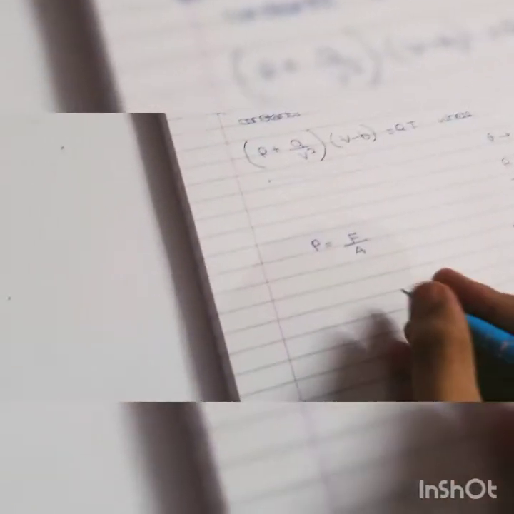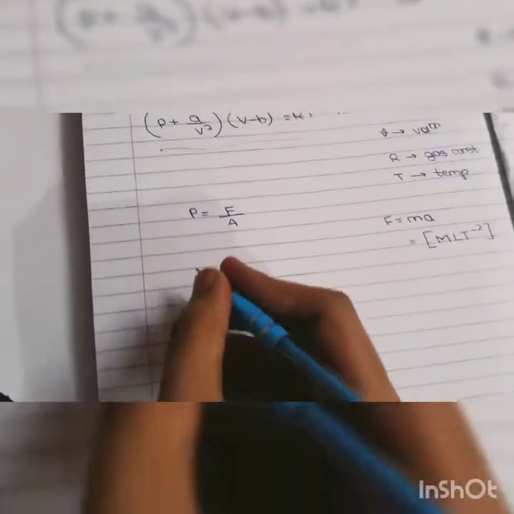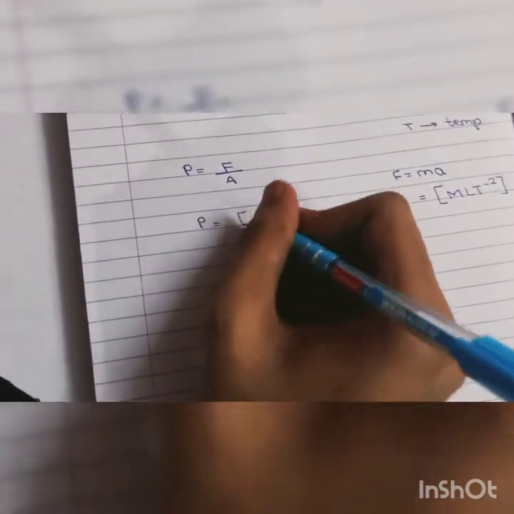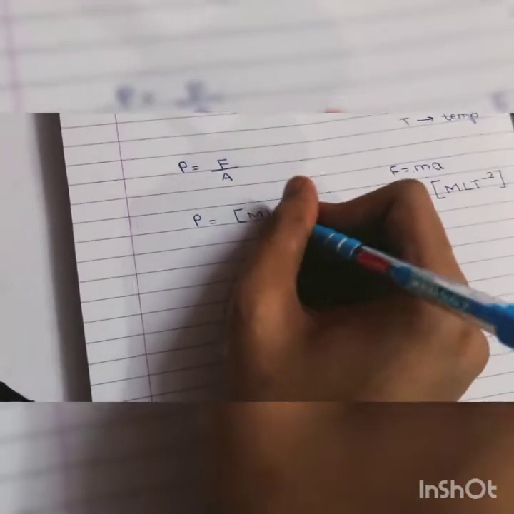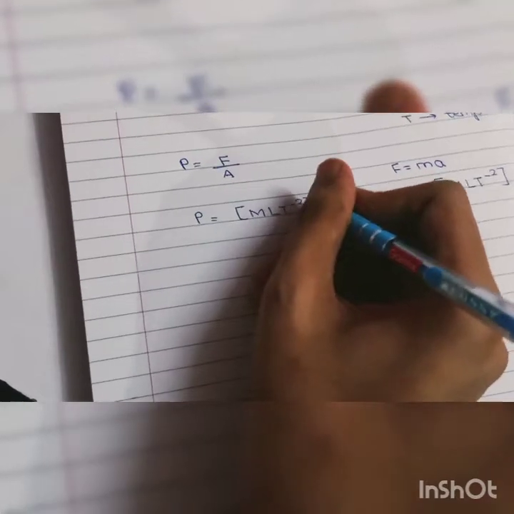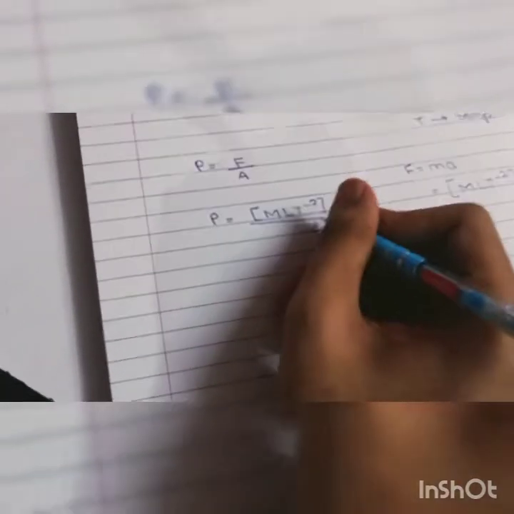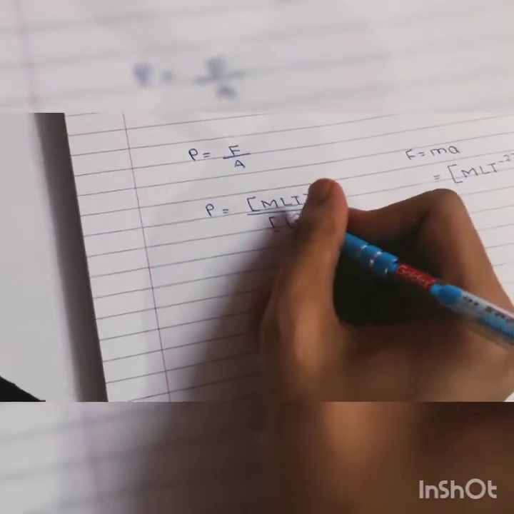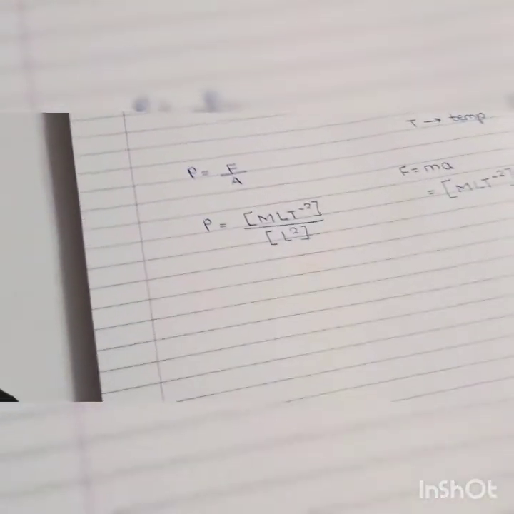Now pressure equals force upon area. P equals M L T to the power minus 2 upon A, and area will be L squared.